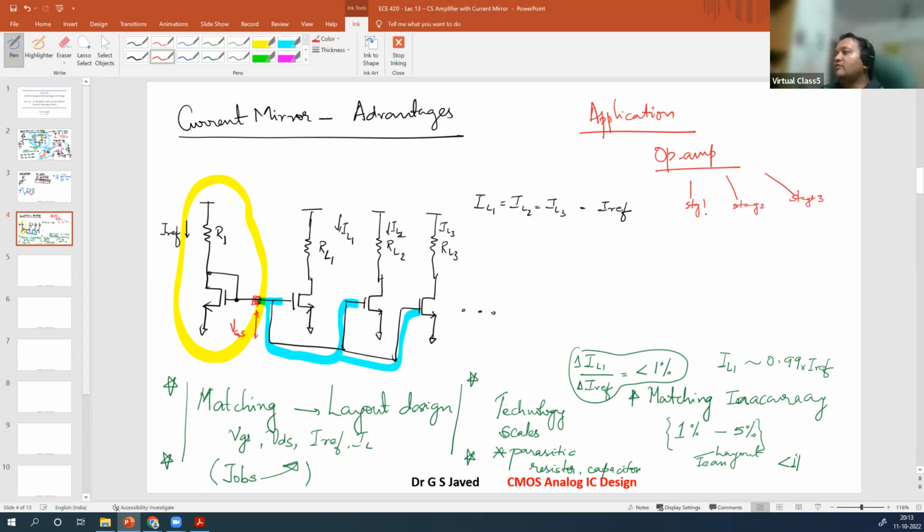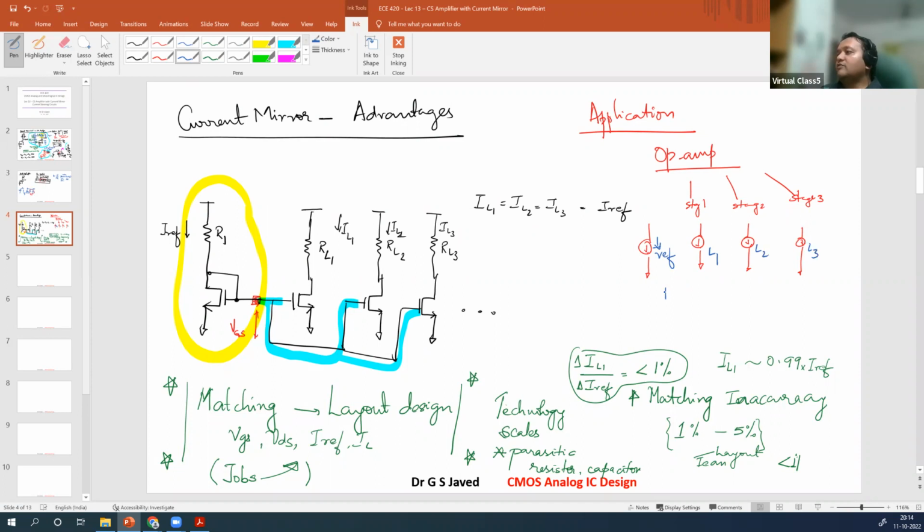Now you need to have the current sources for all these 3 stages from the same environment, such that the variation between these 3 is minimal. So in that case, you will use a current mirror, where you will have this as a reference current mirror, and everyone will become IL1, IL2, IL3, etc.